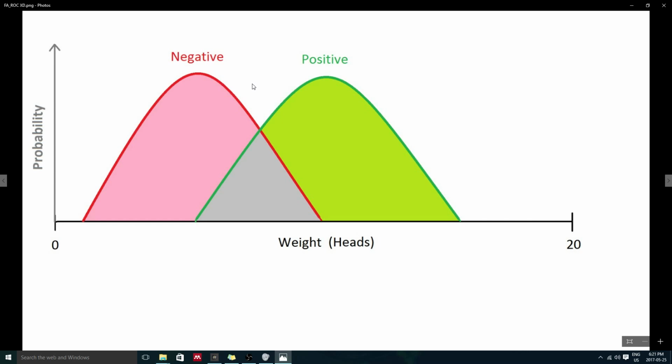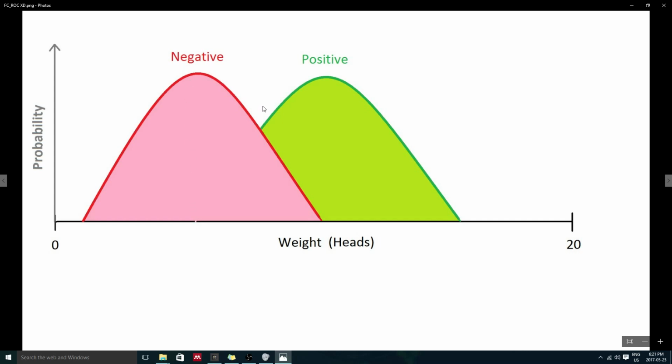So if I were to predict that the coin would come up as tails, then the area under this green normal curve represents all the different probabilities of this occurring at different weights. Similarly, the area under this red curve represents the complete probability of achieving heads, our negative result.